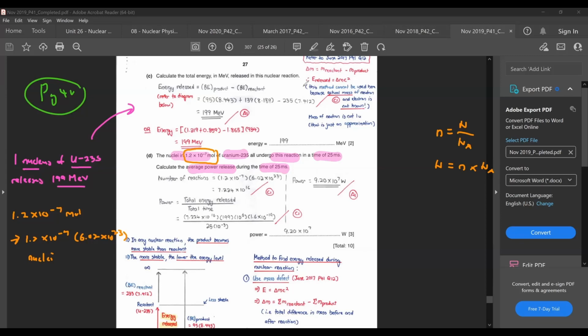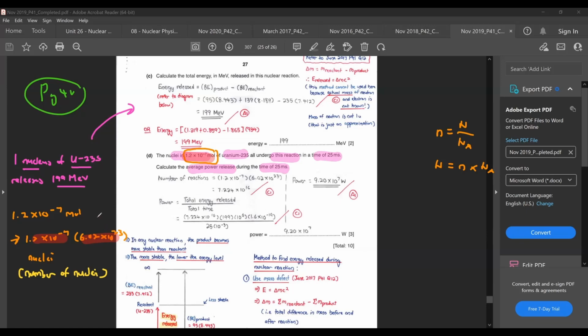They already told you the number of moles as this amount, 1.2 times 10 power minus 7. You just need to multiply with Avogadro constant to get the number of nuclei. So this one here is actually the number of nuclei.